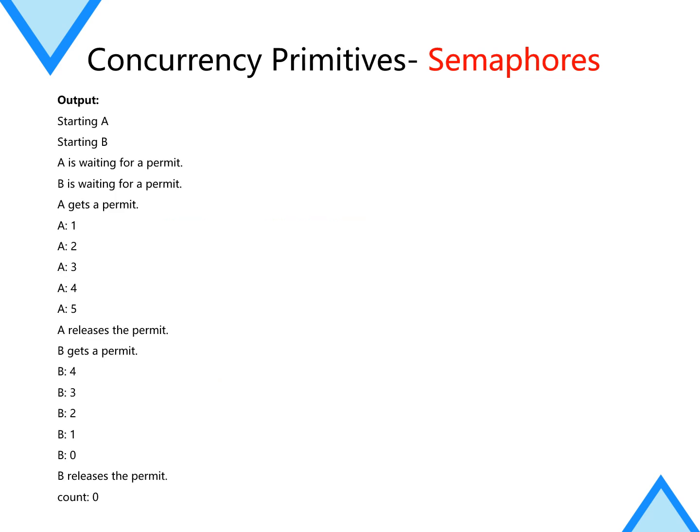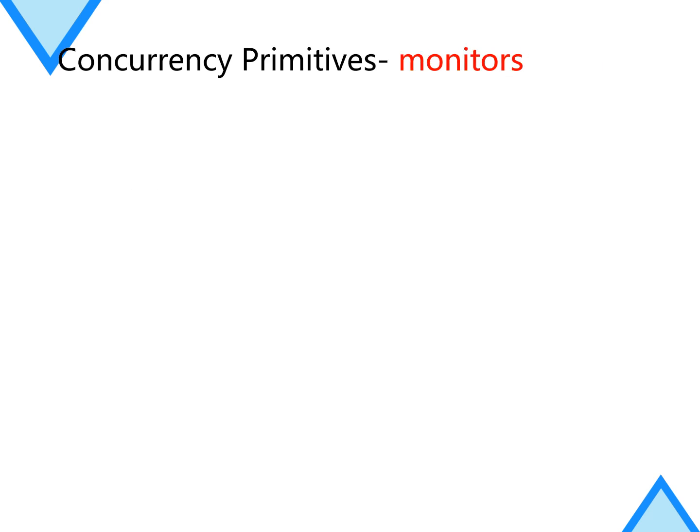So let's see. First it will show us starting A, then starting B. This is the message we give. Then A is waiting for permission, B is waiting for permission, A gets it, runs 5 times, and releases the permit. Then B starts and runs, and then B releases the permit.